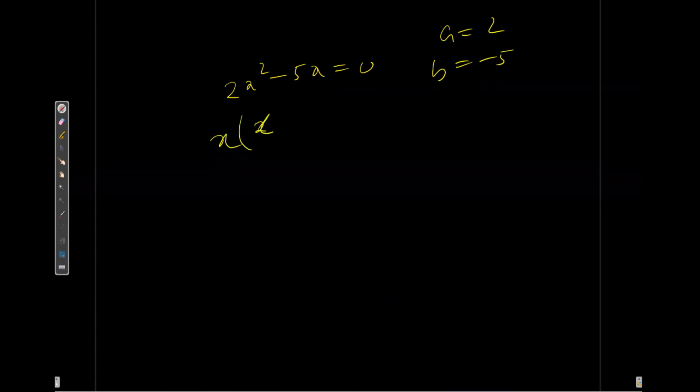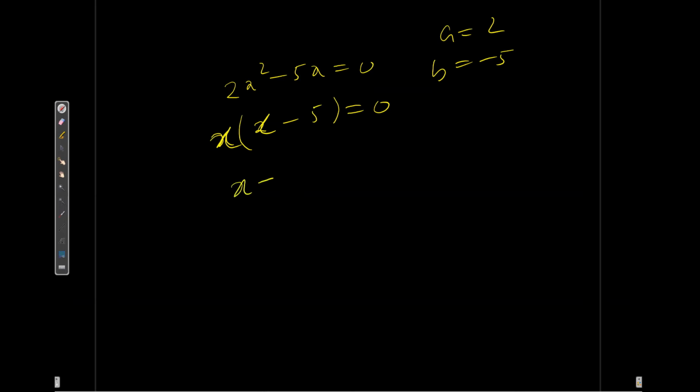Now, how about this example? 2x squared minus 5x equals 0. Now, this is easy. You don't see any c term. So a is 2, b is negative 5. In this case, you can simply factor it. So x minus 5. So here, x, see, you don't have any x plus or minus term.